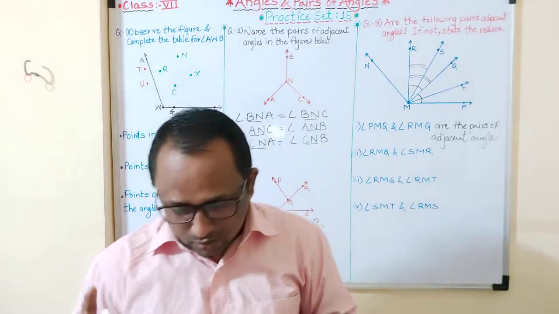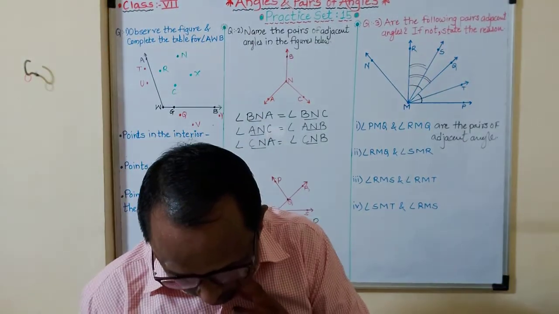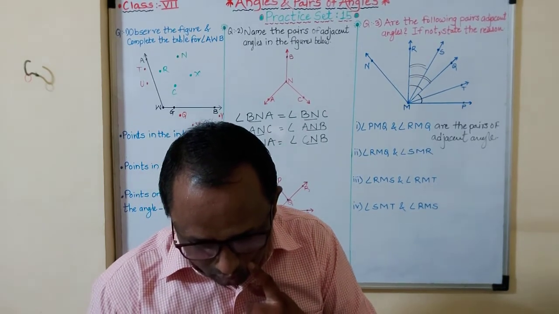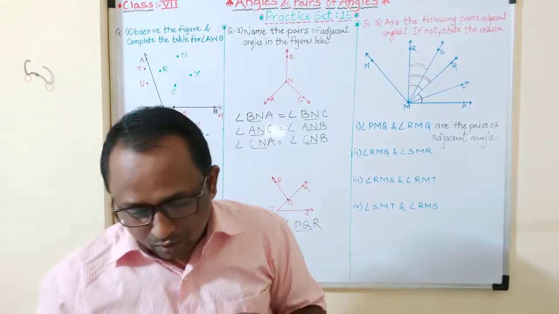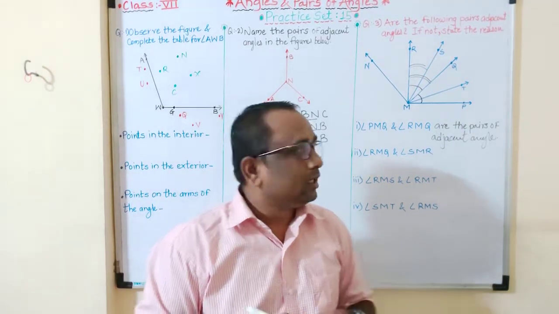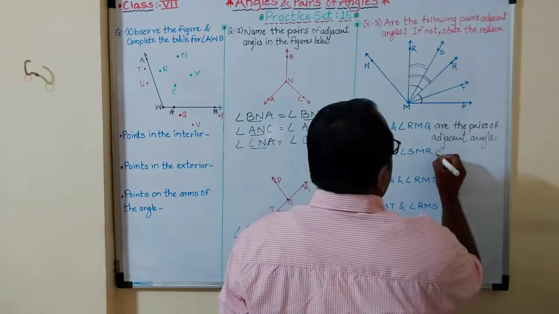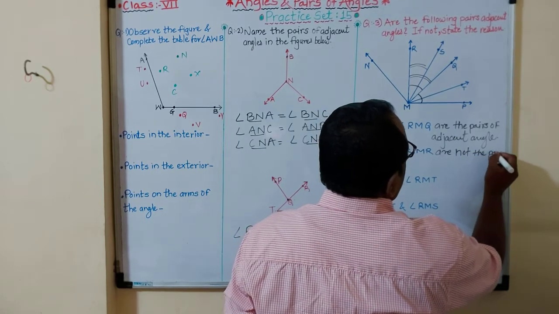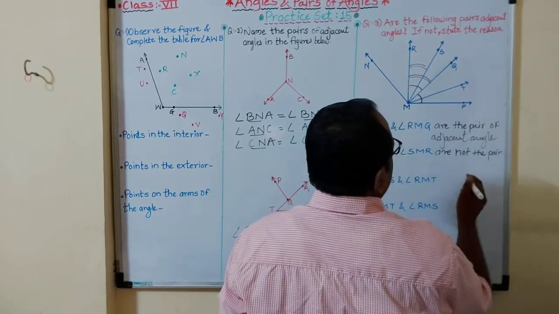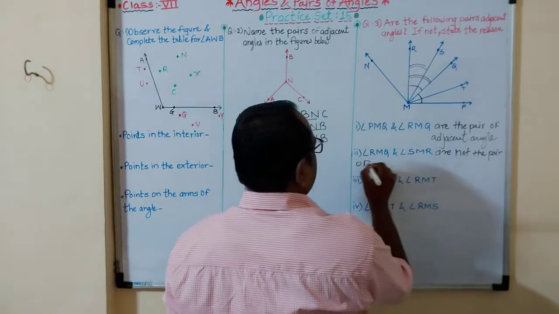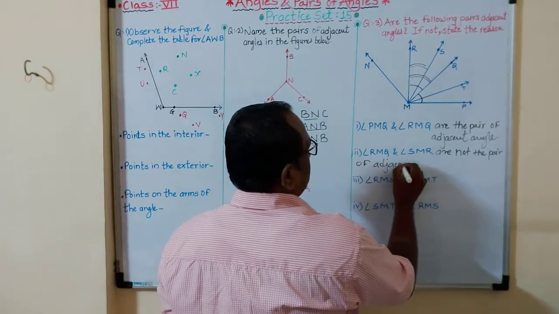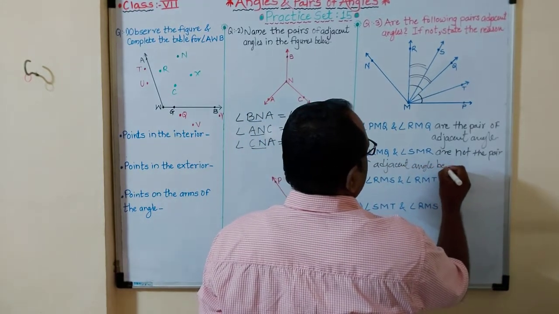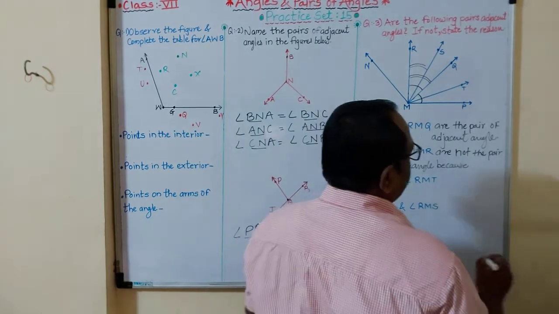Here they ask, are the following pairs adjacent angles? If not, then state the reason. So we have to write the reason.